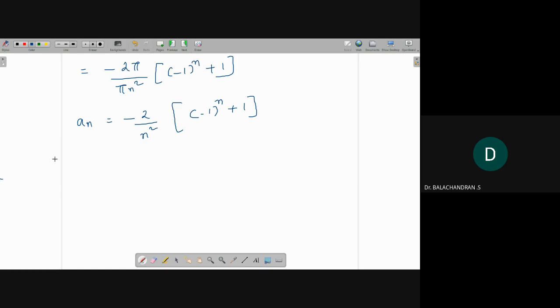So a n is 0 if n is odd. When n is even, this is 2, into minus 2, minus 4 by n square, if n is even.